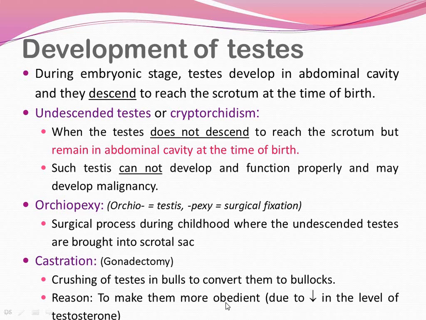It will help to make them more obedient because it decreases the testosterone. In behavioral changes, as compared to females, males are more aggressive, and the reason again is testosterone. So castration is a very simple process.